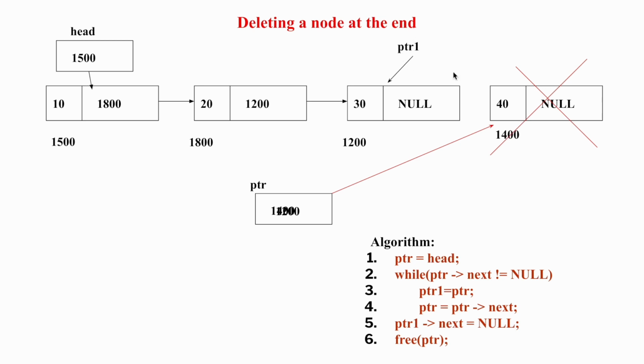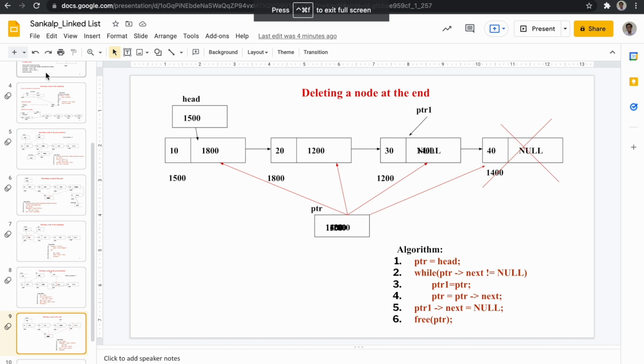The third pointer ptr1 is required because we can make the link part of the second last node equal to null using the third pointer ptr1, while the pointer ptr is required because it can simply free the memory space for the node that is to be deleted, that is the last node, using the free function. So this is the algorithm, and let's code what we have understood in the compiler.